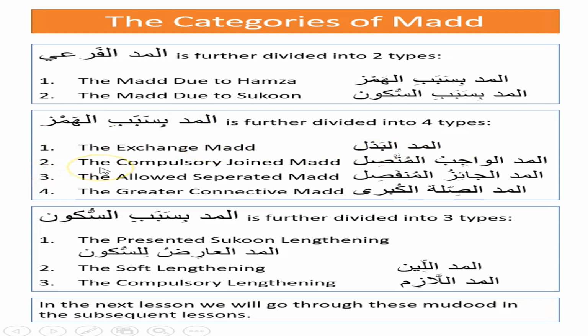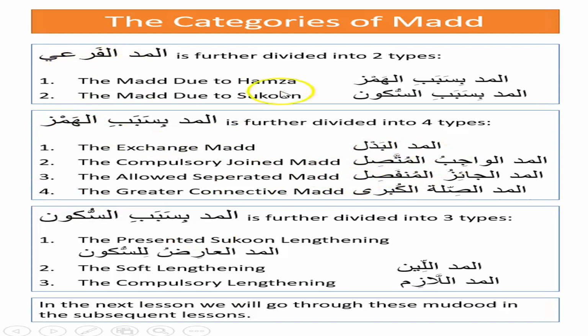The second one is the compulsory joined med, and that's al-maddul wajib muttasil, the compulsory joined med. And then the third one is the allowed separated med, al-maddul jaizul munfasil. And the fourth one is the greater connective med, which is al-maddul silatul kubra. So al-med because of a hamza is divided into four types.